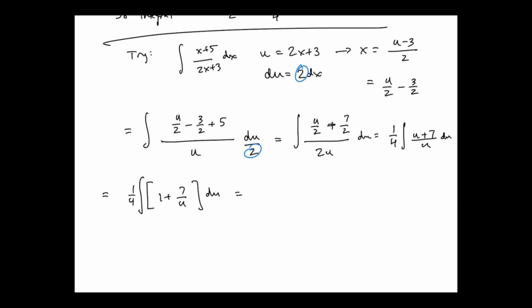Okay, and then when we integrate, what are we going to get? Well, we'll get u over 4 from the first term, okay, plus 7/4 natural log of u plus c. Good?